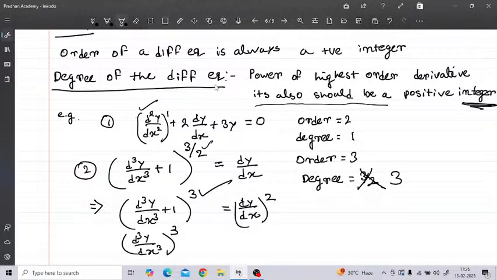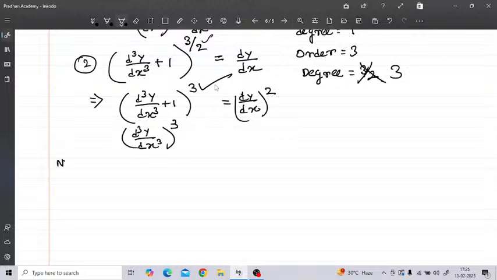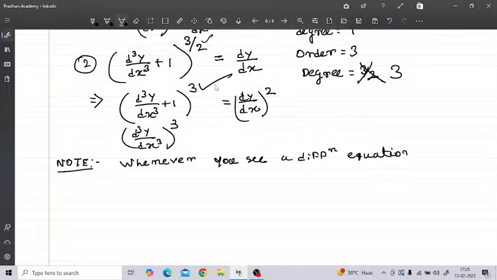So there is a point to write, note number 2: whenever you see a differential equation having radicals, so what are the radicals?